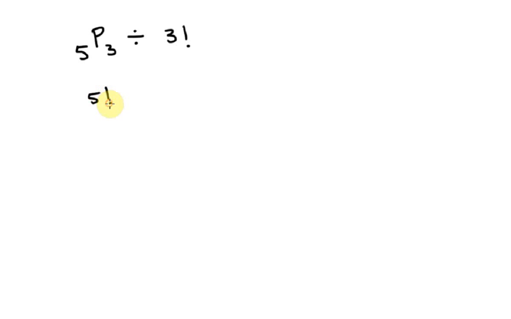Now, if I were to do the math on this, here's what the formula looks like for permutations. It's 5 factorial divided by 5 minus 3 factorial. And then I'm dividing it by 3 factorial. So I'm going to creep that underneath. Instead of writing divided by 3 factorial, I can just throw it on the bottom of this fraction. And now I can just work it out.